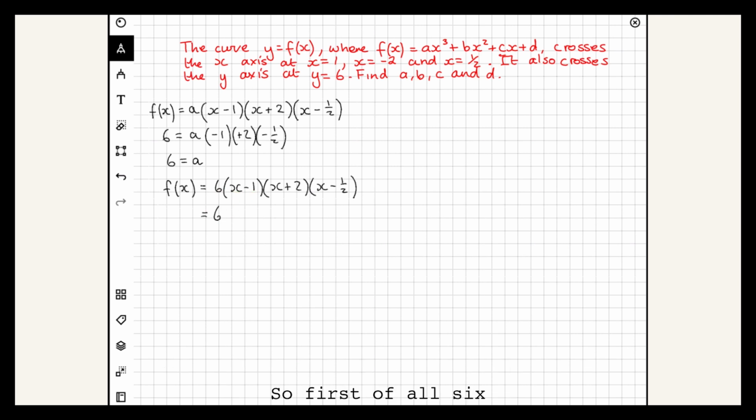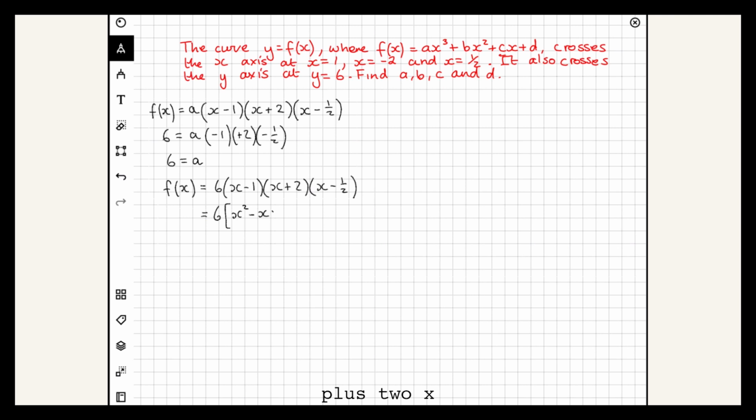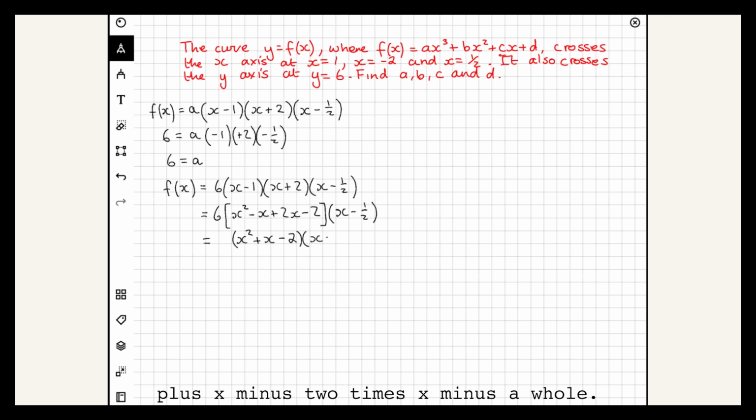So first of all, 6, and multiply these two brackets here, x squared minus x plus 2x minus 2, multiplied by x minus a half, which equals x squared plus x minus 2, times x minus a half.